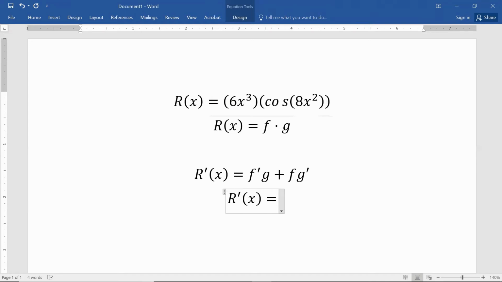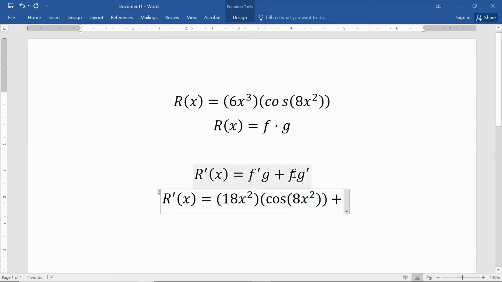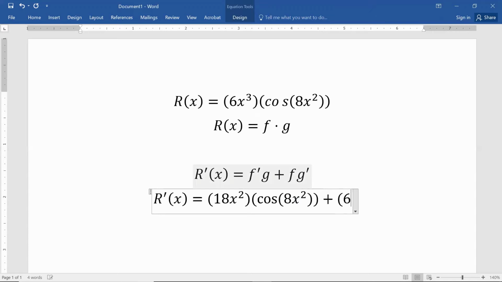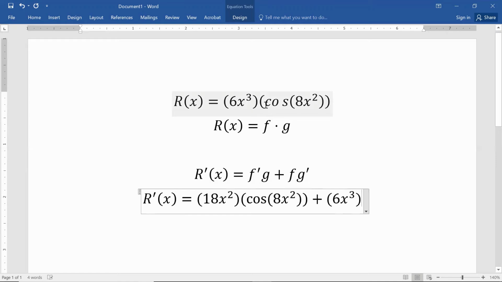So let's call the 6x to the third the f function. We take the derivative of that, which is 18x squared, multiplied times the normal second function, cosine of 8x squared, plus normal f, so normal 6x to the third, times the derivative of g.